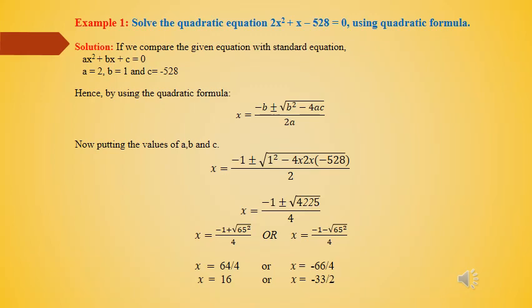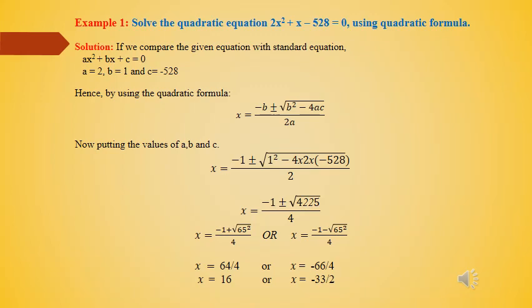After putting the values of a, b, c, we get x is equal to minus 1 plus minus under root of 4225, and 4225 is the square of 65.